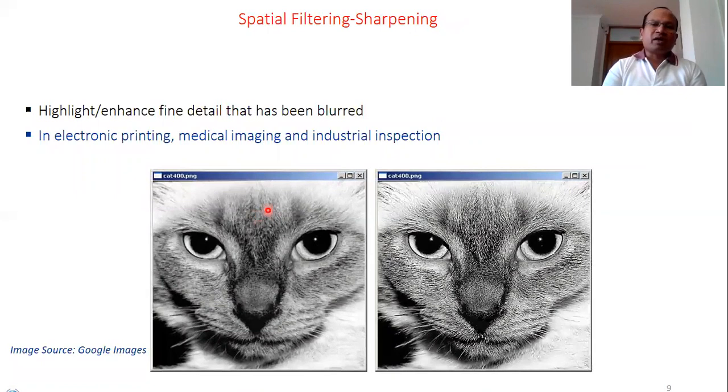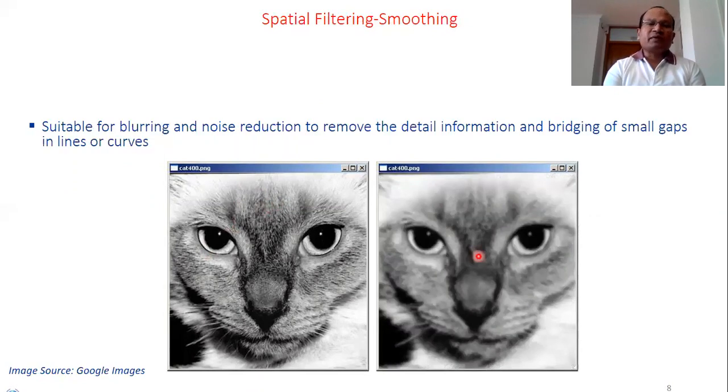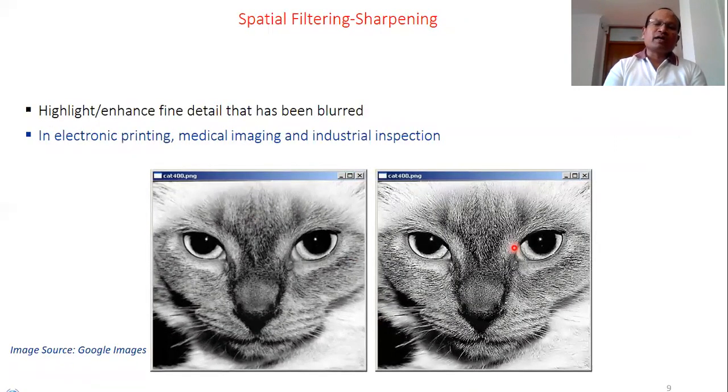The next one is an example of sharpening. In sharpening, you see that it highlights or enhances fine detail that has been blurred. If you compare the first image and the second image, the first image we are not changing. This was the smoothened output in the previous case. Now in this case, look at here. The hairs, the curves and the lines are clearly visible in the second picture.